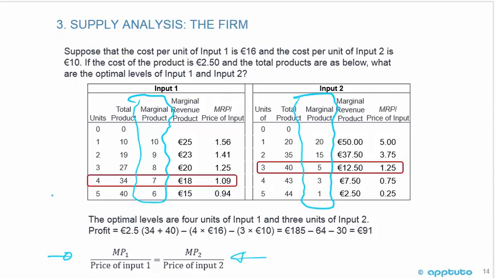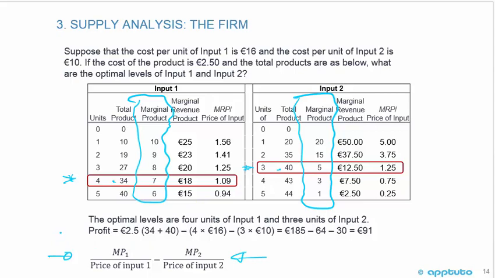Where they're equal, or closest to being equal, is at 4 units for input 1 and 3 units of input 2. So we can see the optimal levels give total products of 34 here and 40 here.